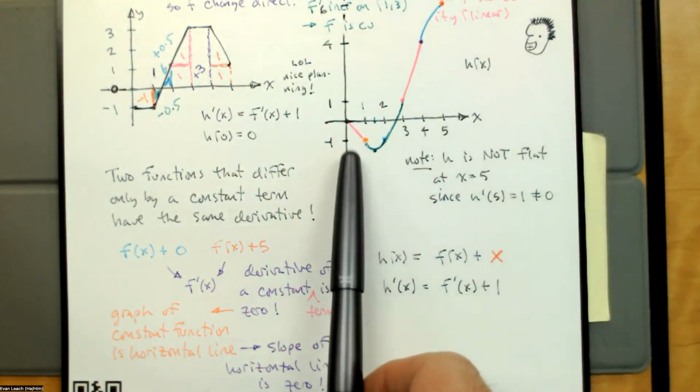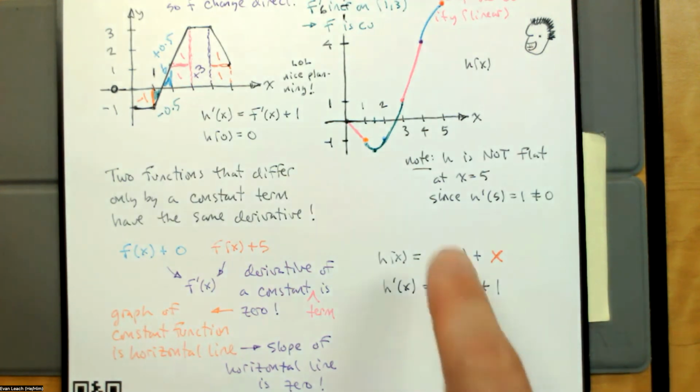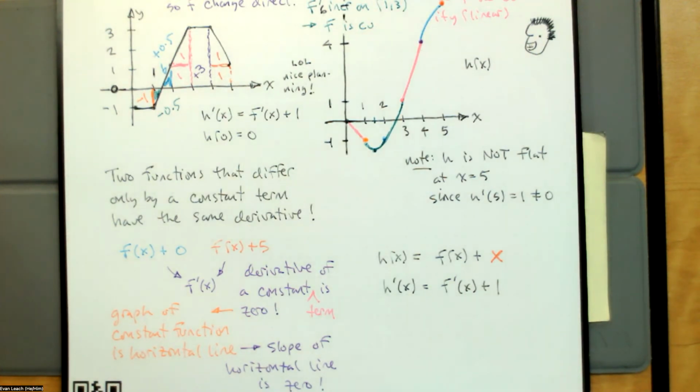And that's the value of h. f of 2 is negative 3. h of 2 is f of 2 plus 2. So I forgot where I was. Can't remember all that way back. The point is, we're not just adding x to the f of x because the derivative has a plus 1. That means our original function must have had a plus x. That's doing derivatives backwards.